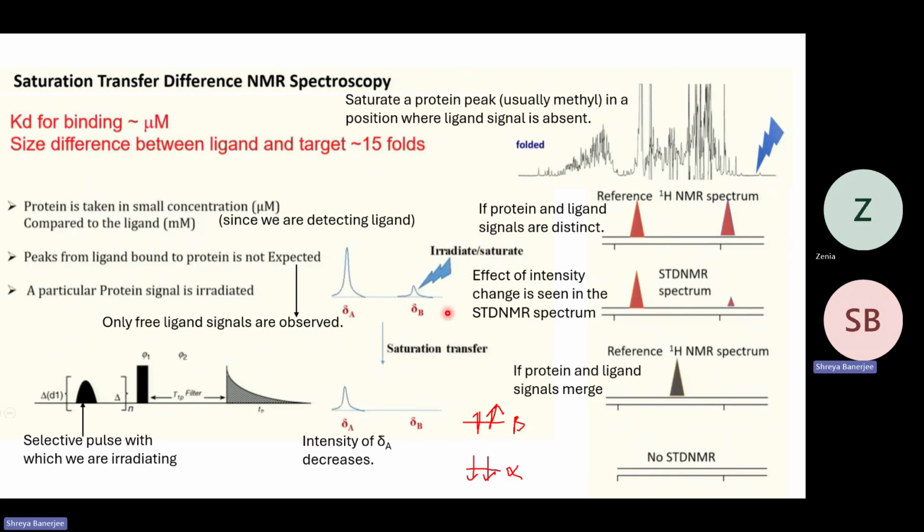So spectra A minus spectra B. So what this will do is that you will notice a clear change in intensity of the spectra, and that will only happen if the ligand and protein signals are distinct. Because if they merge, no STD NMR will be observed. You will not see anything in the difference spectra.